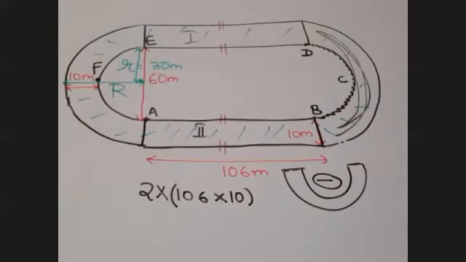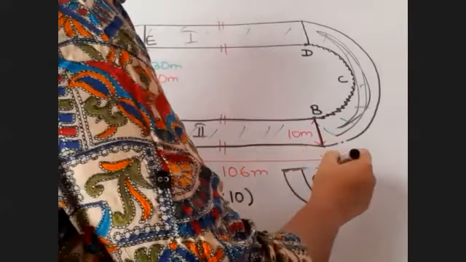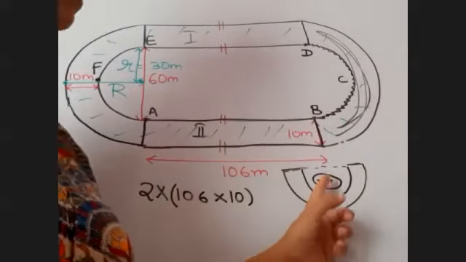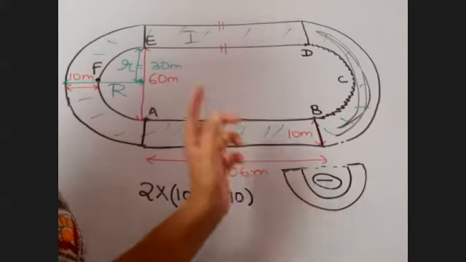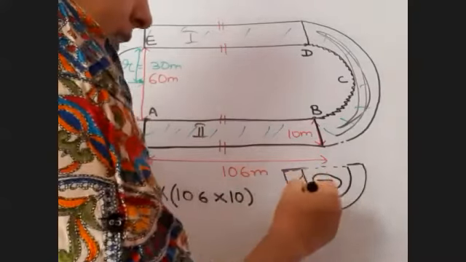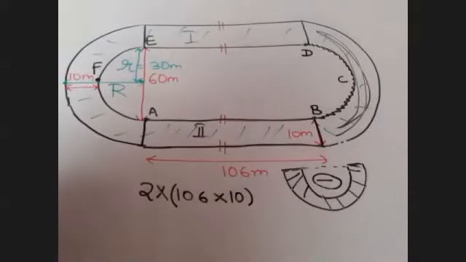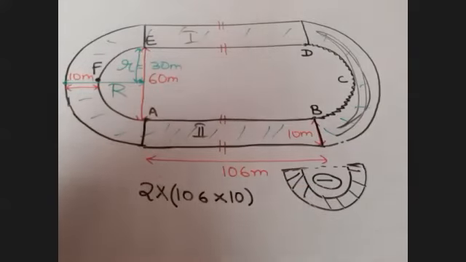So area of outer semicircle minus inner semicircle. Outer minus inner will give you the area of this semicircular ring. And this again is to be taken how many times? 2 times.